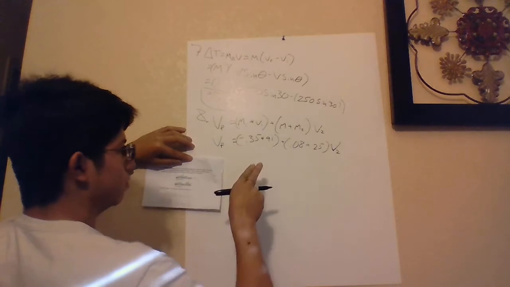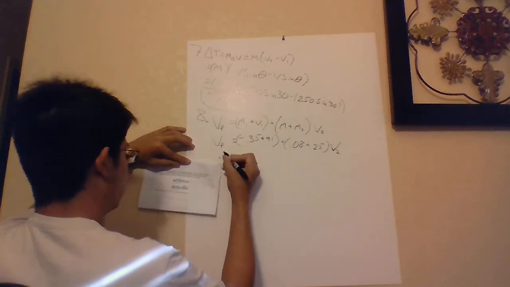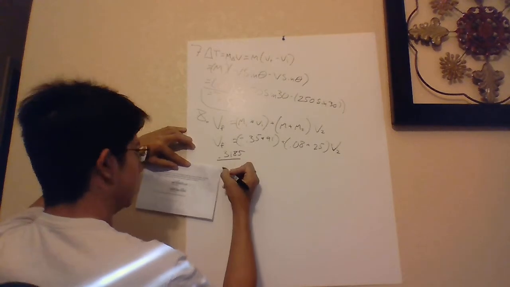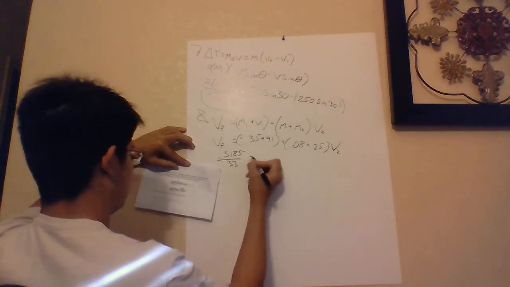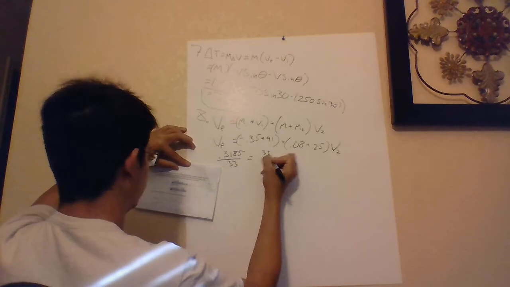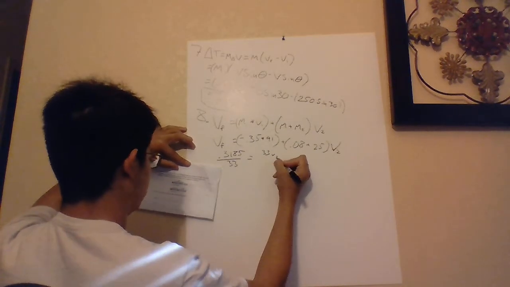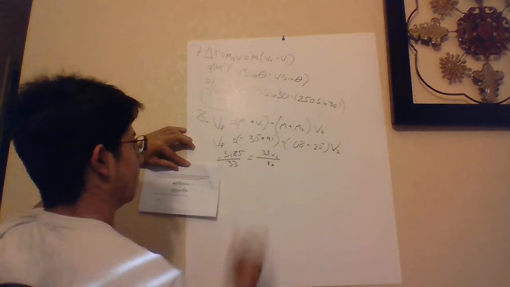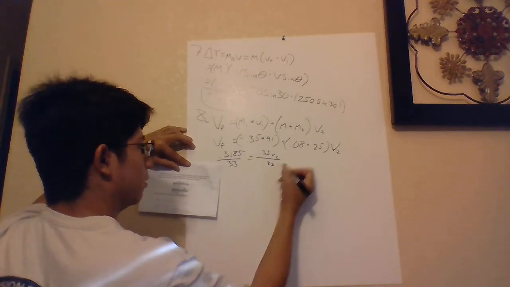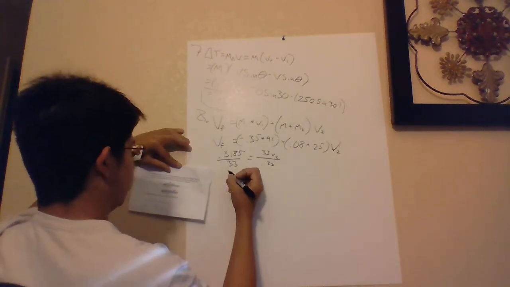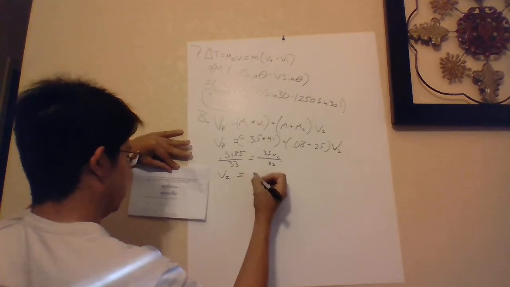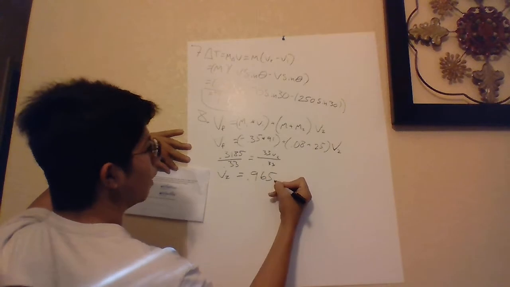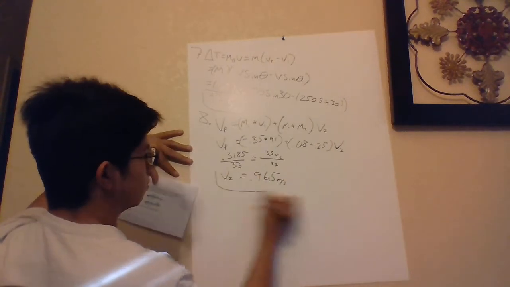So then, getting this all together, 0.3185 equals 0.33 times the resulting velocity. We work out the math. Second velocity equals 0.965 meters per second.